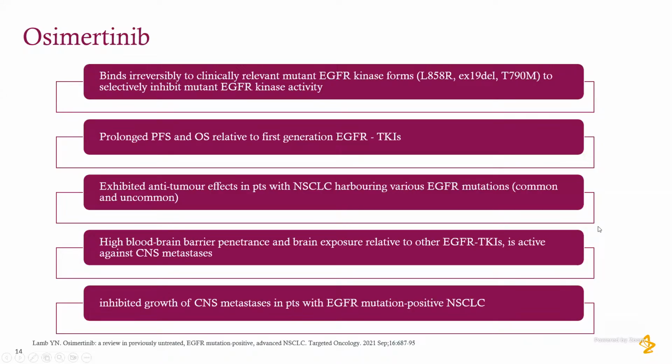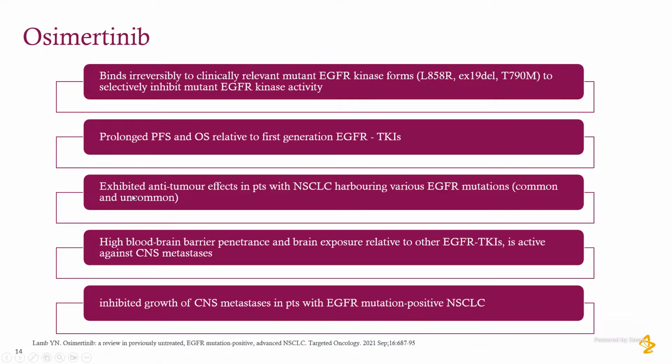So we know that osimertinib is a third generation TKI that irreversibly binds to mutant EGFR kinase, even with the addition of the T790M mutation, which is the most common resistance mechanism after first generation TKI, and prolongs the OS and PFS. The OS data in the long run is almost 39 months in comparison to first generation TKI.